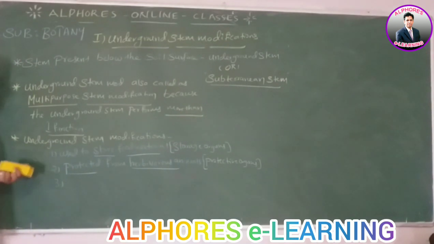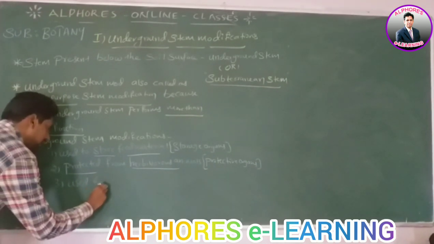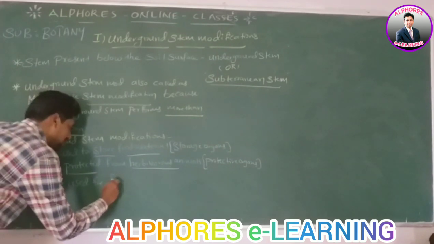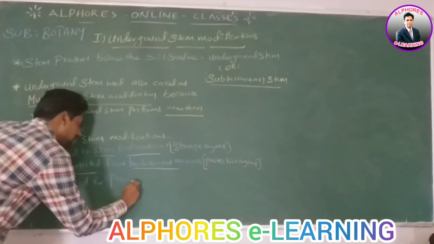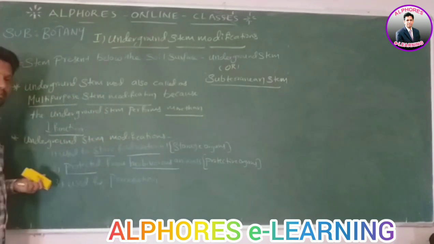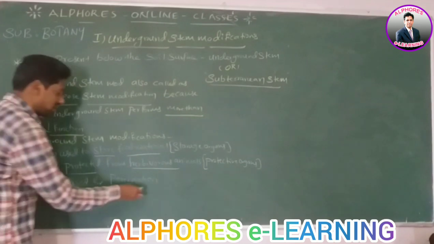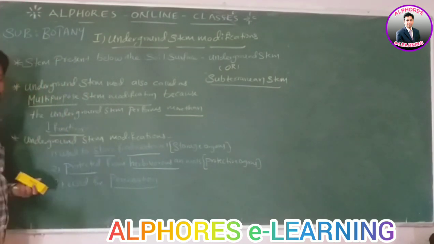Okay, next, number 3. These underground stem modifications are used for perennation. What is the meaning of perennation? Without any damage, if any structure remains fresh for a long period of time, it is called perennation.